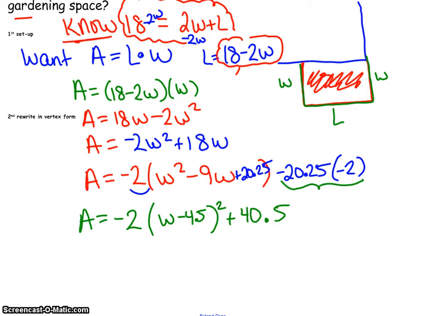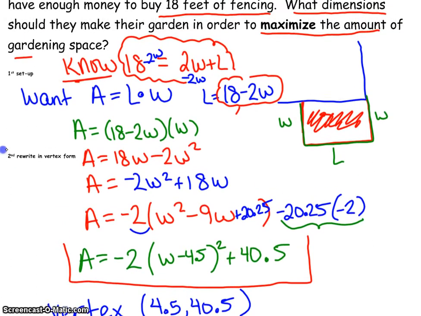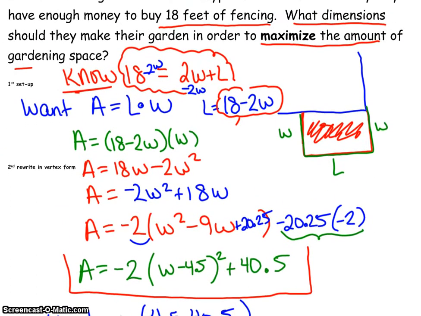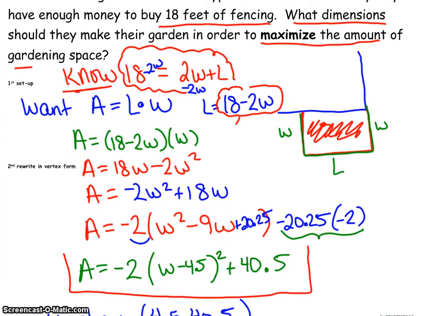Great, now we found the vertex form, but what was the point of that? Why did we put it in vertex form? To find the vertex. So the vertex is 4.5 and 40.5, but what do those numbers even mean? If you go back, the question asks what dimensions they should make their garden in order to maximize the amount of gardening space.